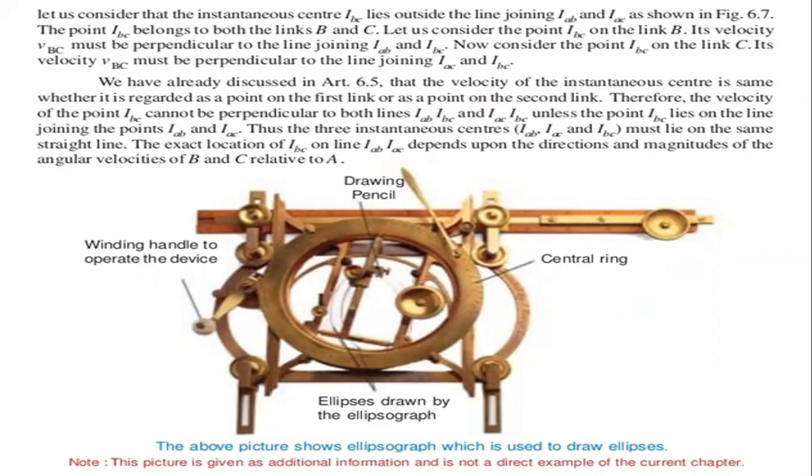So now let us consider that the instantaneous center IBC lies outside the line joining IAB and IAC.